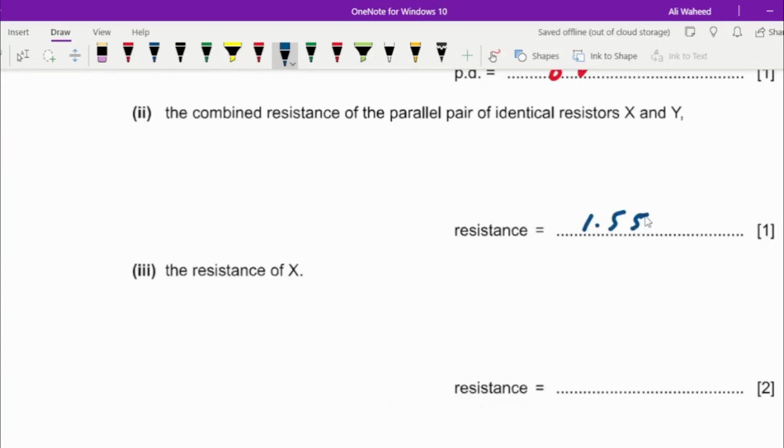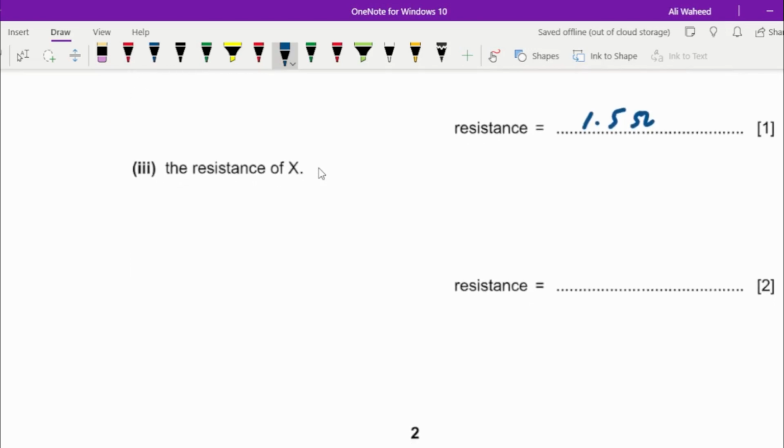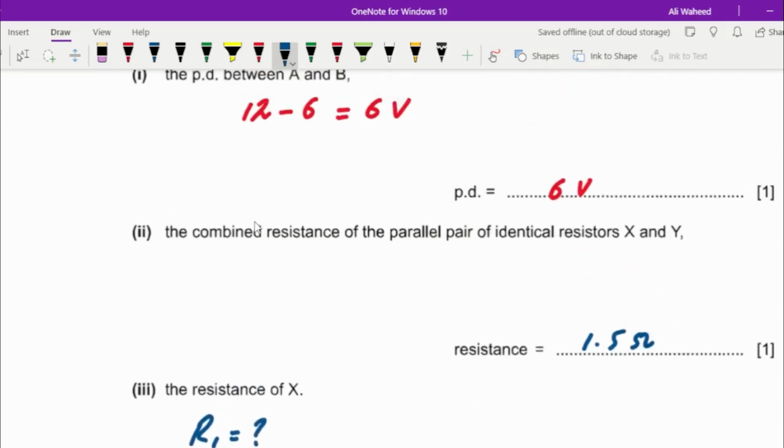Okay, and for your understanding, you can write here, because there is equal distribution of the voltage, that implies the resistances would also be equal. Okay, then we have the next thing, the resistance of X. Call it R1, the first one.